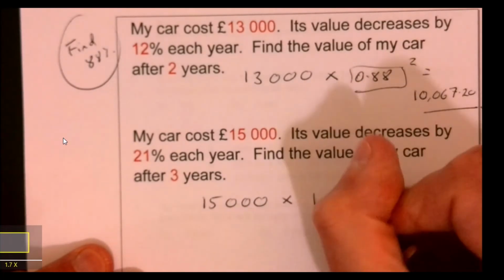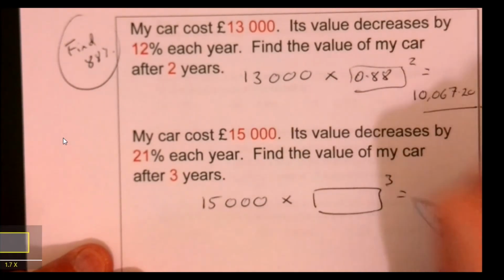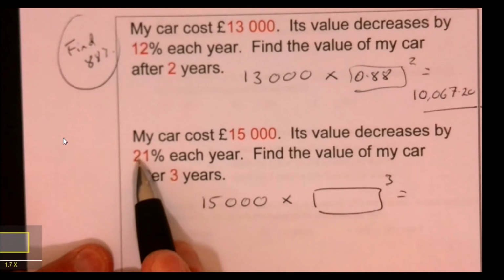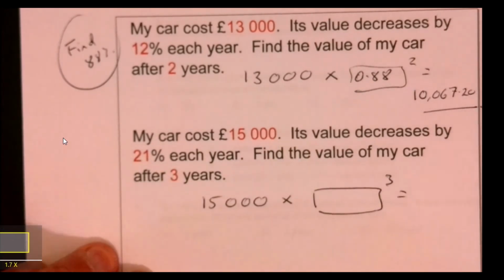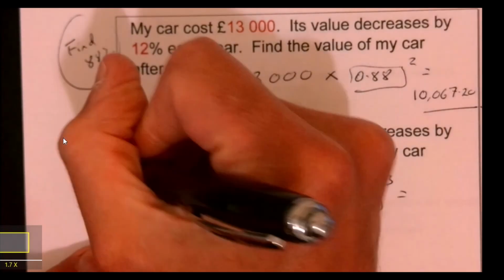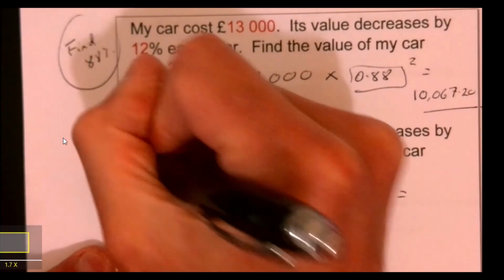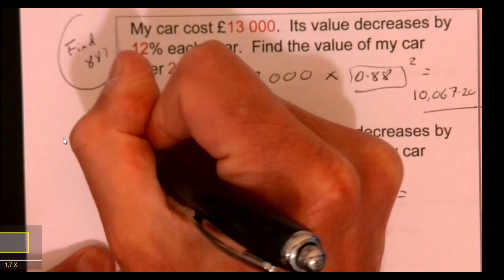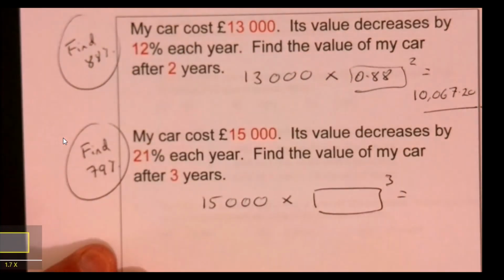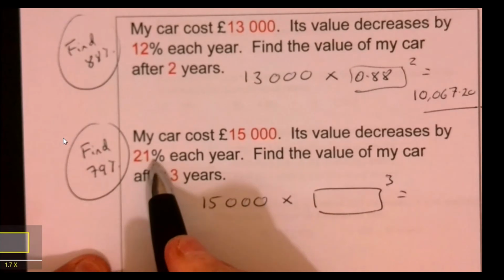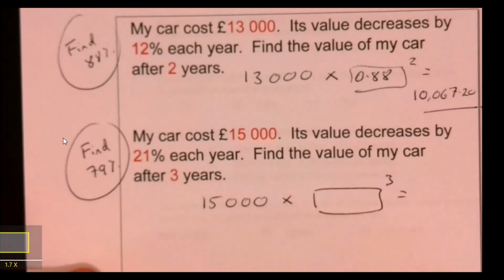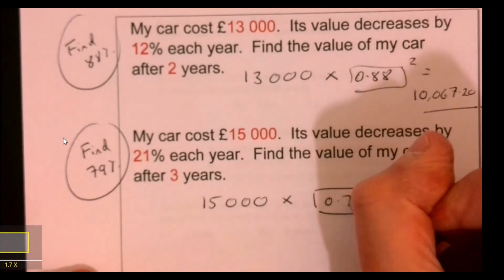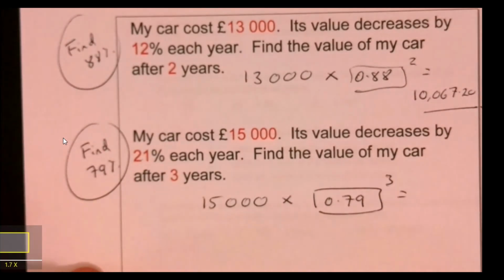So it's something to the power of 3. Decreases by 21%. So if it decreases by 21%, that means I chuck 21% away. How much is left? It's like saying find 79%, because 100% is everything. So if I decrease by 21%, it's like saying find 79%. So that's what I want to do on my calculator.